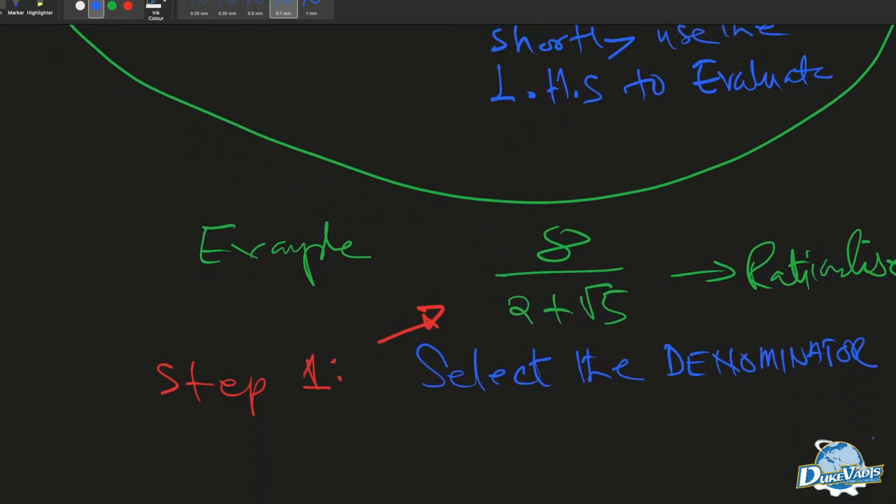Okay, and step 2. Step 2, change the sign.